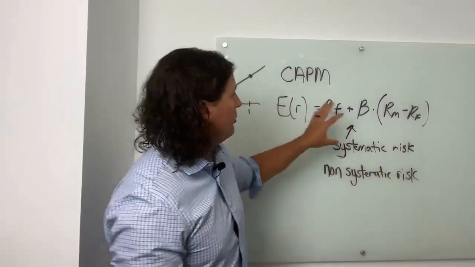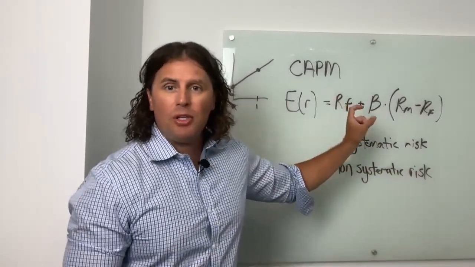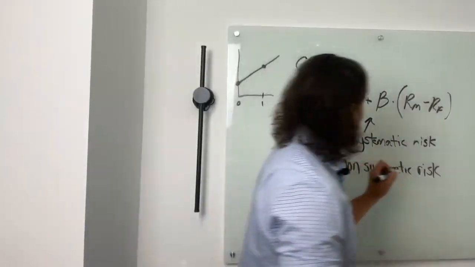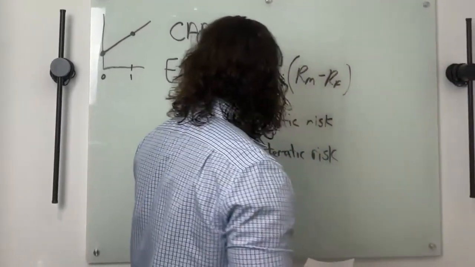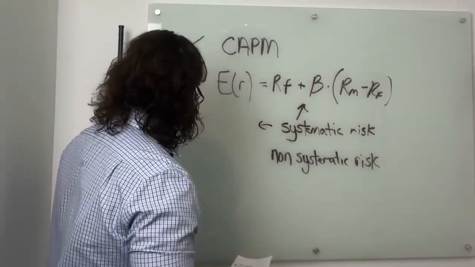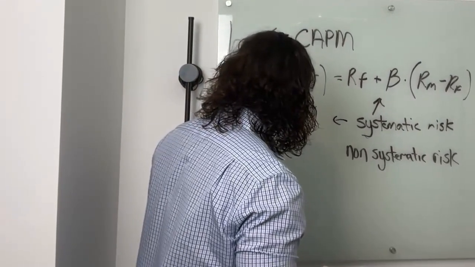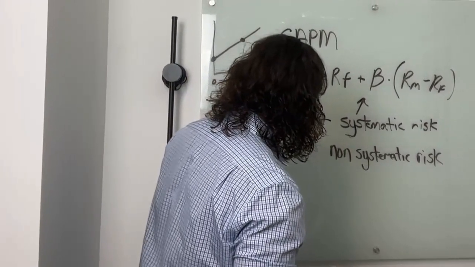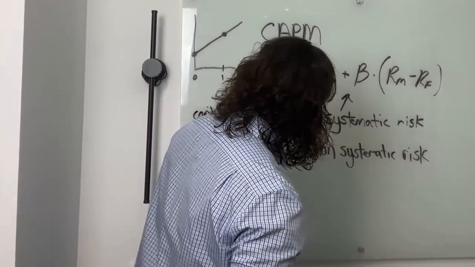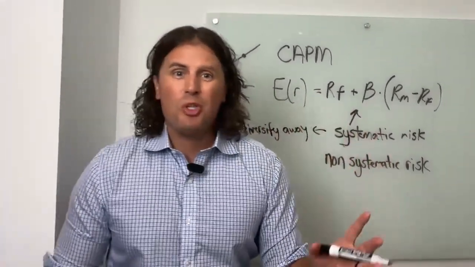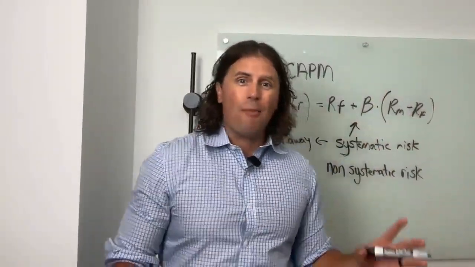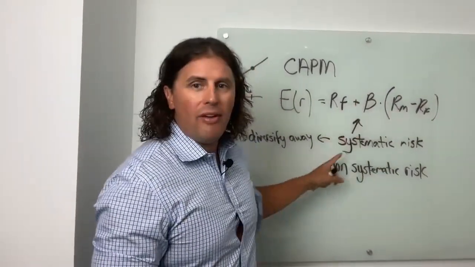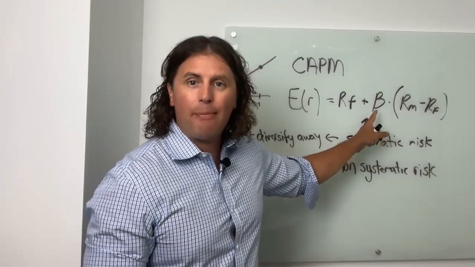Those are the systematic risks. And it's captured in beta because we can't run away from it. We can't diversify away from systematic risk. No matter how smart you are or how much talent you have in your trading, you can't run away from this systematic risk. Therefore, it's captured in beta.